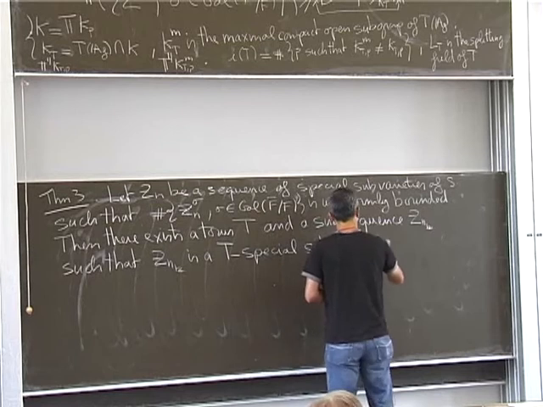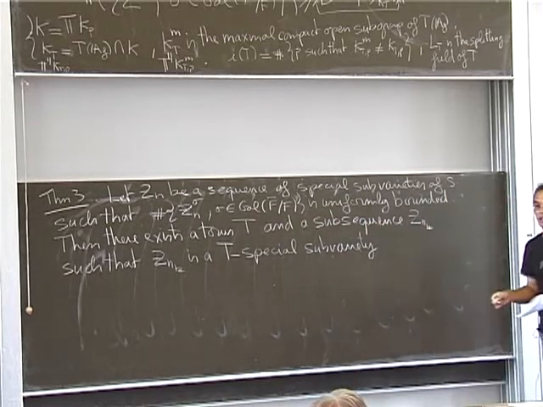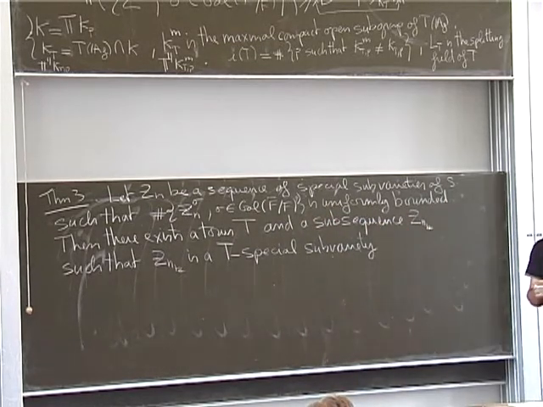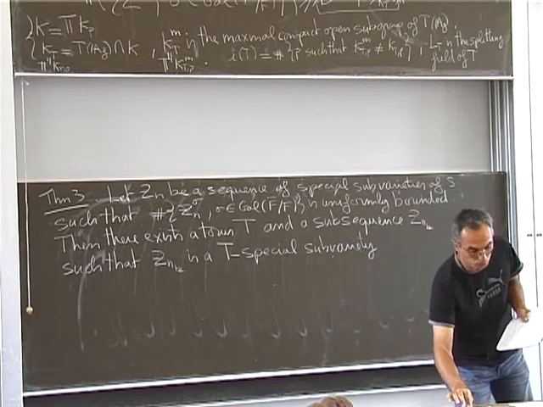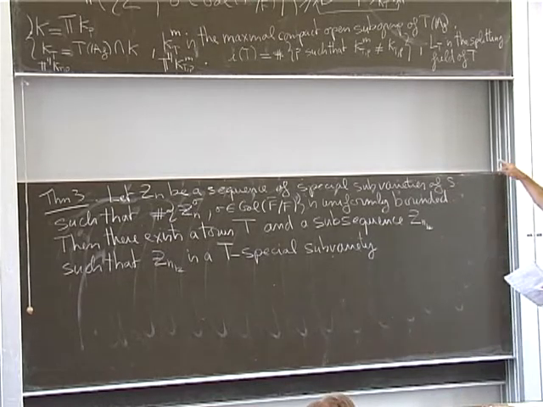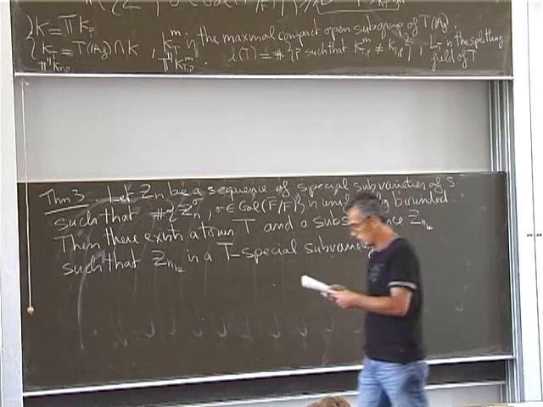So somehow I have only finitely many choices for the center of the Mumford-Tate group if the Galois orbit is bounded. Okay.